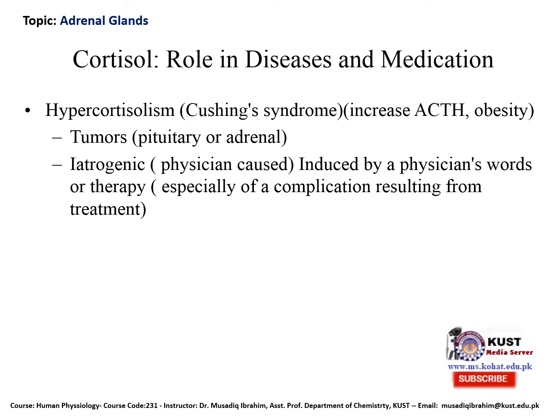So first of all, it is hypercortisolism, which is also known as Cushing's syndrome. In Cushing's syndrome, there is an increased concentration of ACTH, which is adrenocorticotropic hormone, as well as obesity taking place.